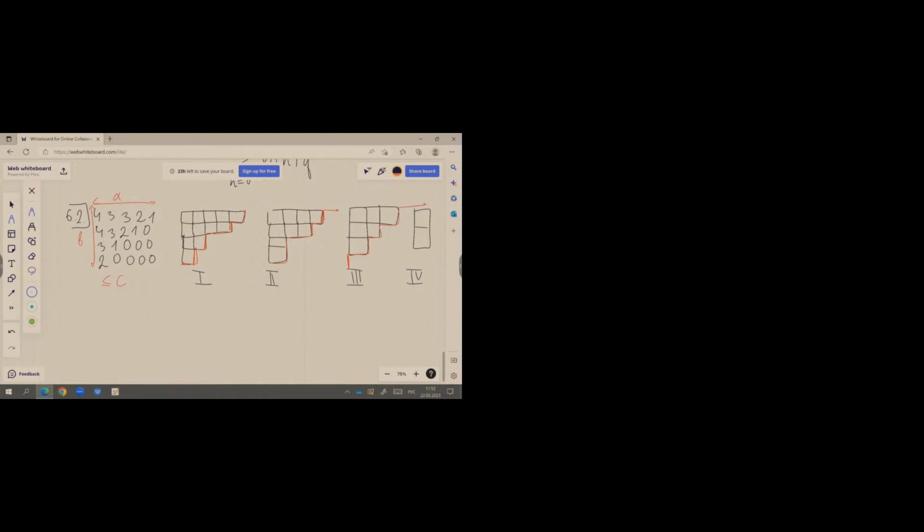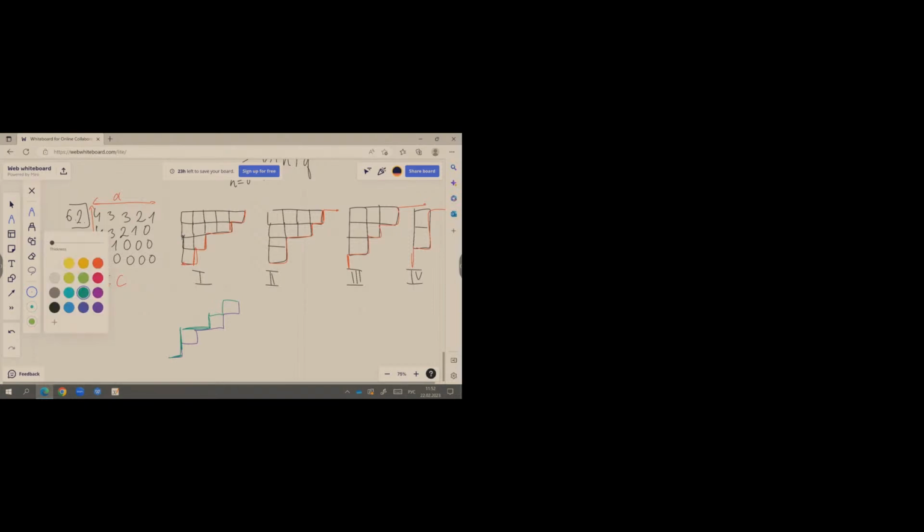Well, it goes there, and this one also goes somehow there. If we draw all these paths, the first one, the second will go like this.